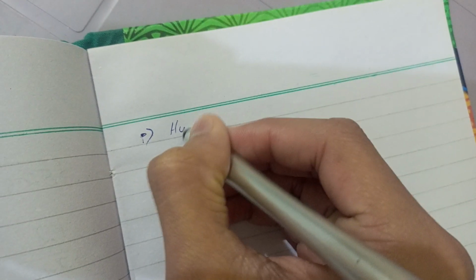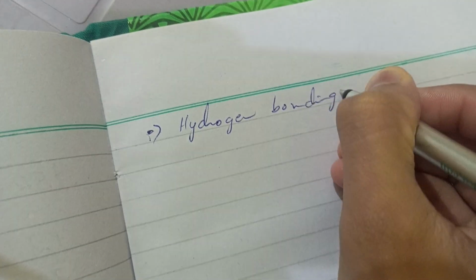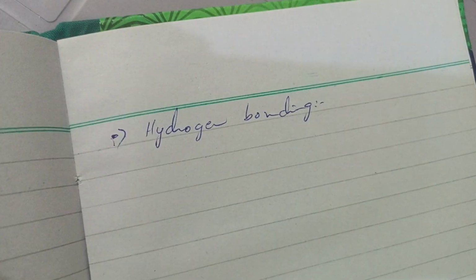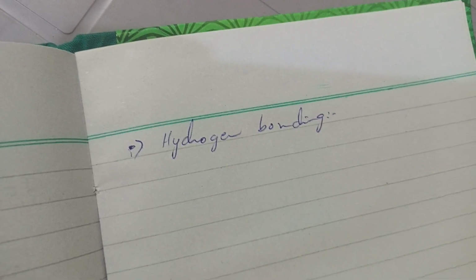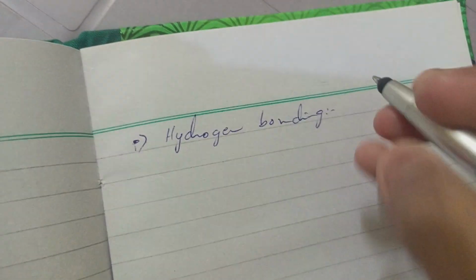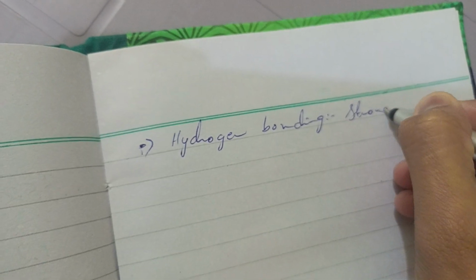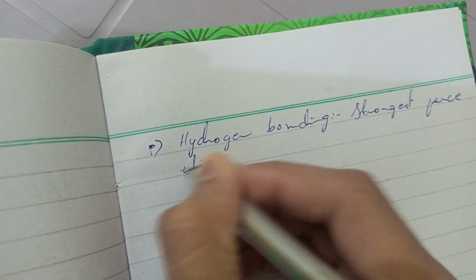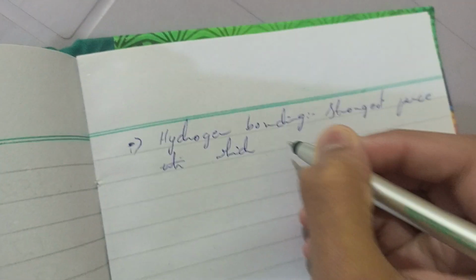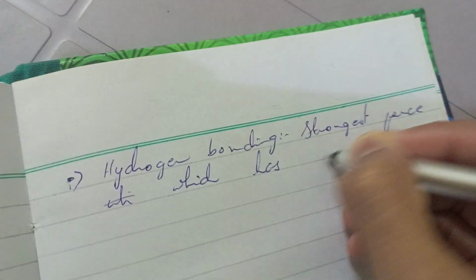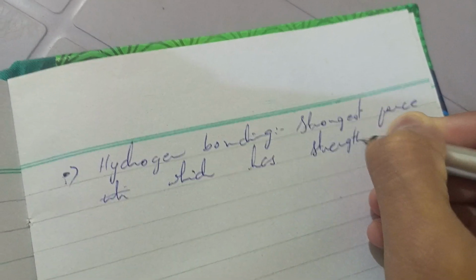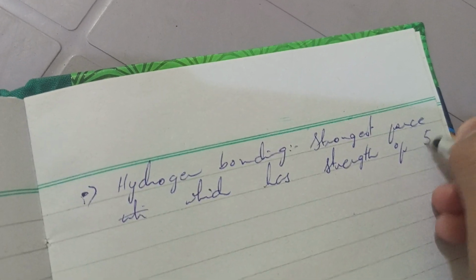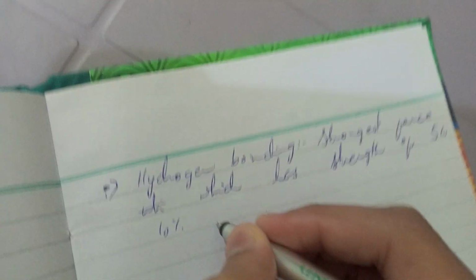Now we are going to talk about the third and last type, which is hydrogen bonding. First of all, you need to understand that hydrogen bonding is the strongest force among all of these forces, with a strength of 5 to 10% of a covalent bond.